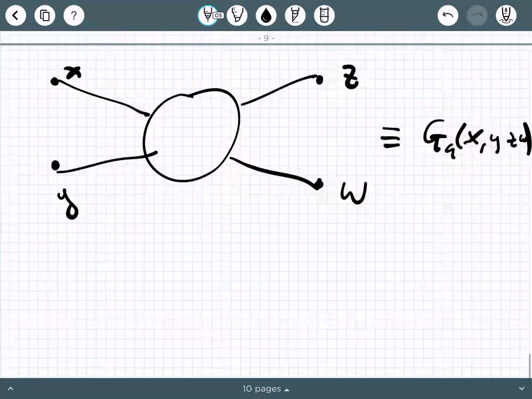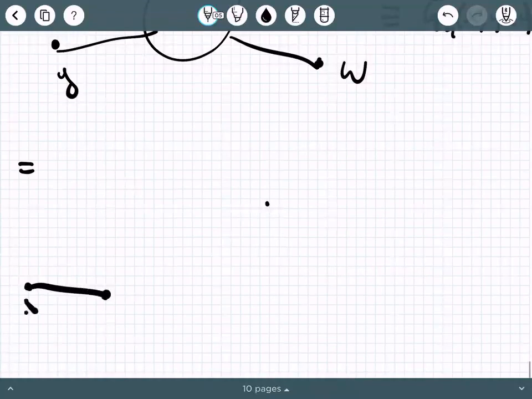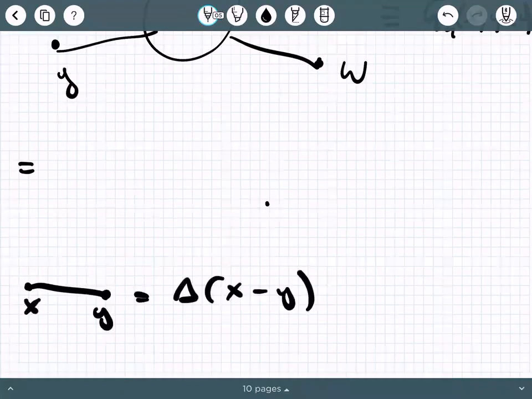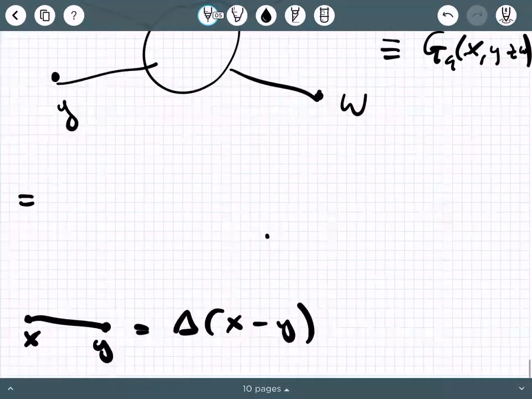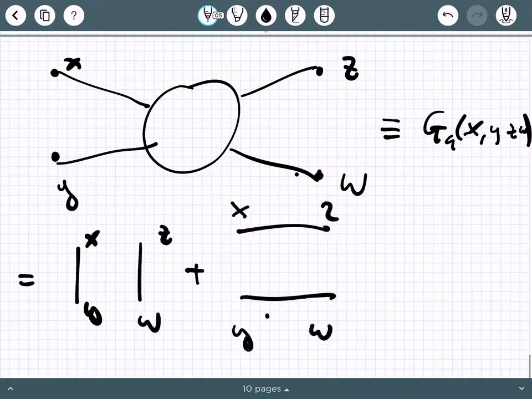And if this is a quadratic theory, then there are 4 combinations, and I'm going to represent this graphically as a line between x and y, the 2-point function between x and y, the correlation function, which is also the Green's function. So I can write this as xy zw plus xz yw plus xw yz.